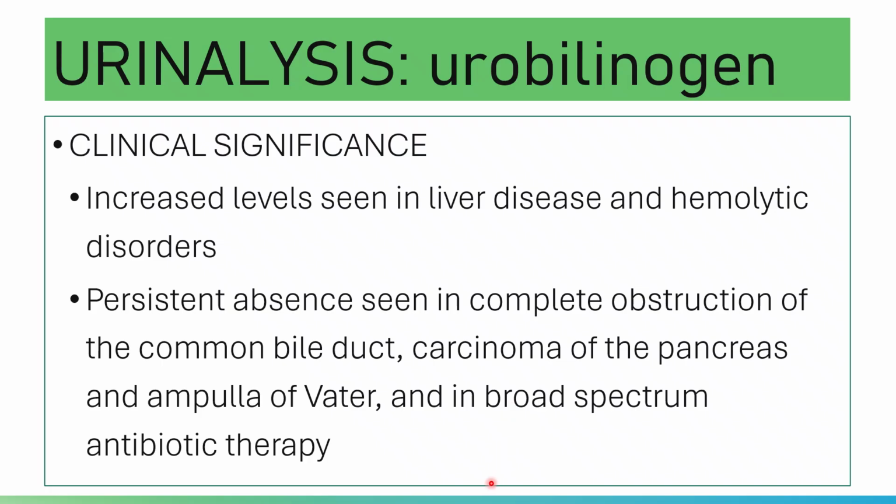Let's take a look at broad spectrum antibiotic therapy. Broad spectrum, please note, is not a selective antibiotic drug. It will not only kill Salmonella, it will not only kill Clostridium, it will not only kill this type of bacteria.